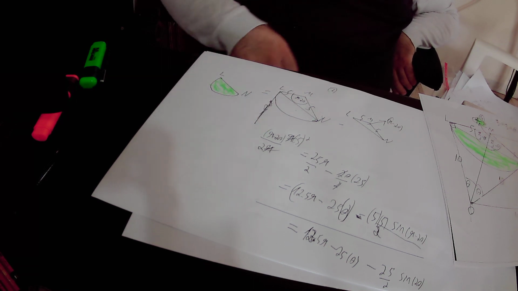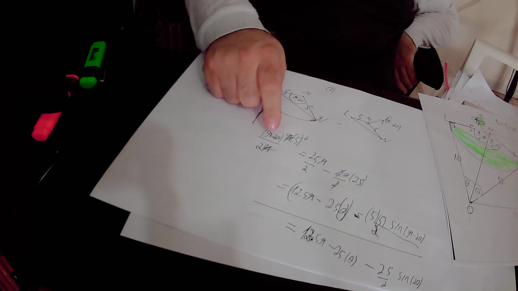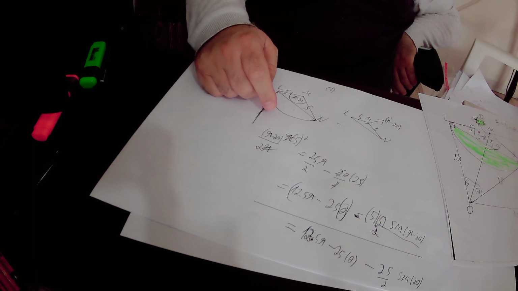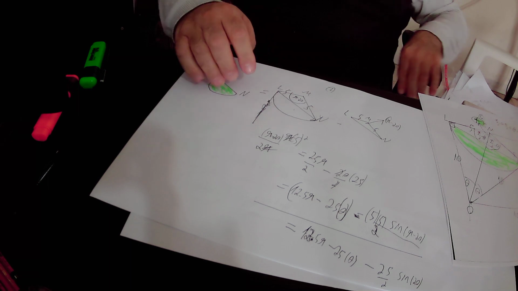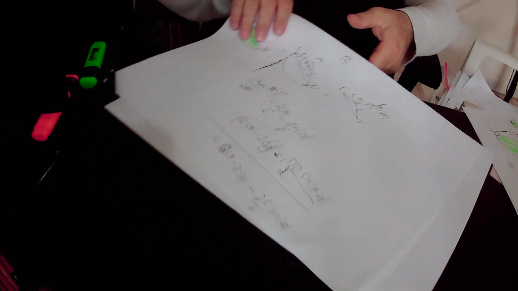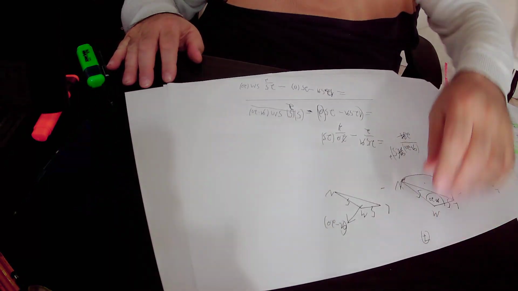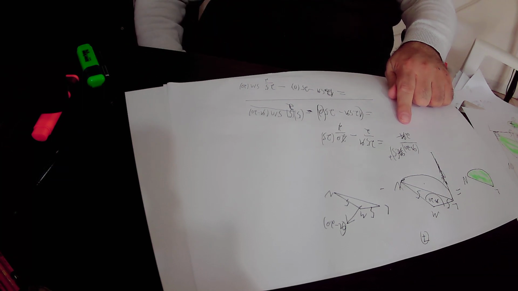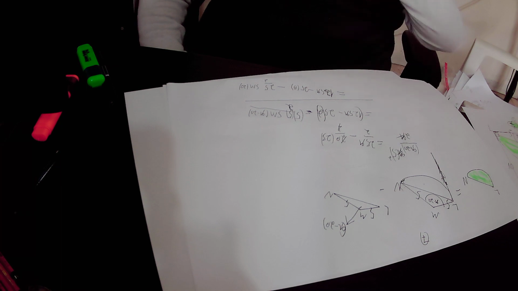We have pi in the numerator and pi in the denominator, so pi gets cancelled. Then open the brackets and you get 25 pi over 2 minus 2 theta over 2 times 25.